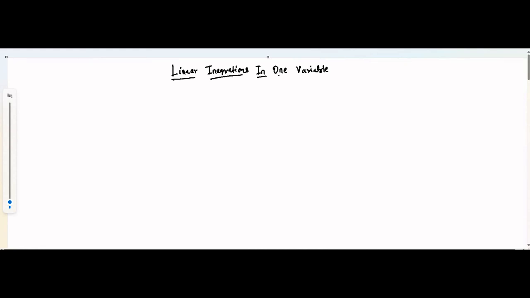So what is an inequation? The first thing is that, let's say we have two separate quantities, a quantity x and another quantity, let's say y. So between x and y there are the following kinds of relationship which are possible.